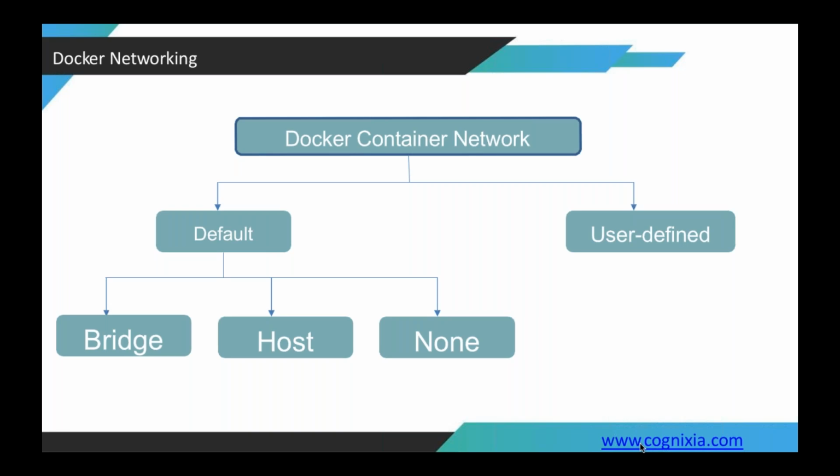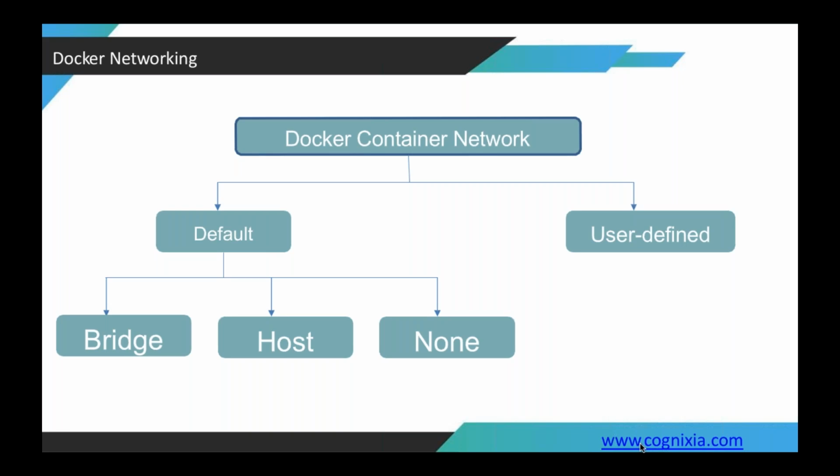The user-defined networking we are going to cover when we do Docker Swarm and Kubernetes, in which case we are going to create our own networks. That is an extensive networking which you are going to use in a production environment.